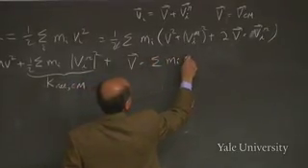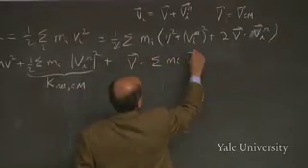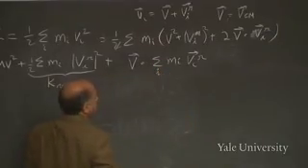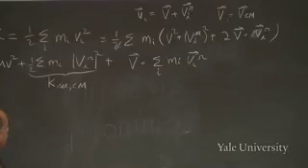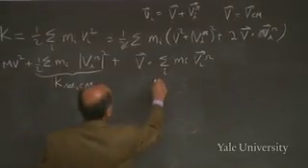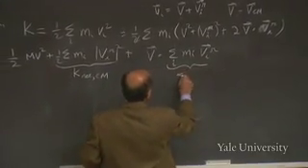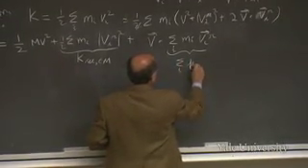Mi Vi relative summed over all the particles. Mi Vi relative is the momentum of particle I as seen by this co-moving observer who is moving with the center of mass. So this term is really the sum over I of the individual momenta of the particles.